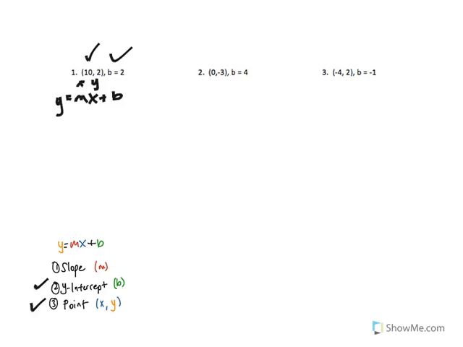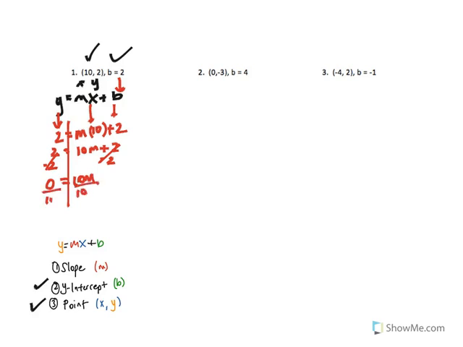So now I substitute. Y is 2 equals m, which we don't know, times x, which is 10, plus b, and here they give me 2. So now I solve. I get 10m plus 2 equals 2. And I solve for m. Minus 2 on both sides. 0 equals 10m.